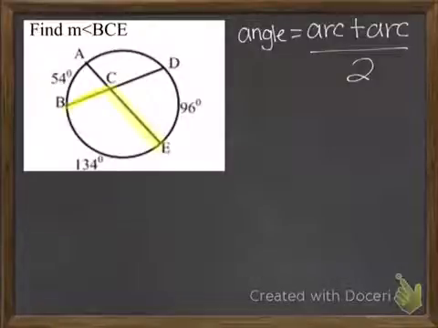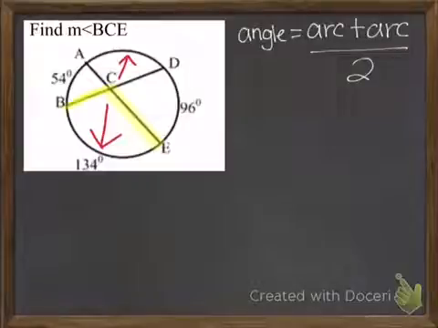Well, the arc of that angle measurement is 134, but you have to find the arc of angle ACE to match, to figure out what the angle is for the arc of 134.